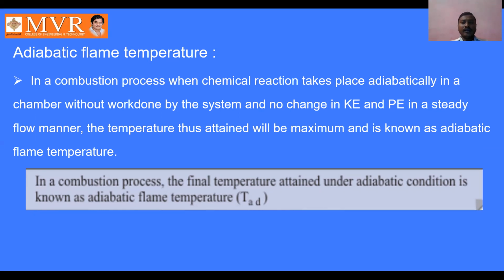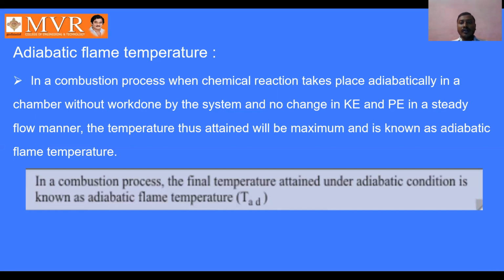We can simply say that in a combustion process, the final temperature attained during adiabatic condition is known as adiabatic flame temperature. Without work done, and without any change in kinetic energy or potential energy, the maximum temperature developed in the system in the combustion process under adiabatic condition is the adiabatic flame temperature.